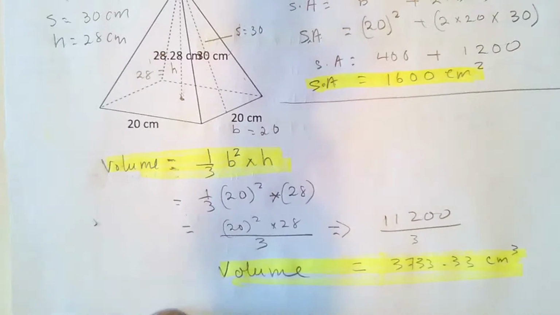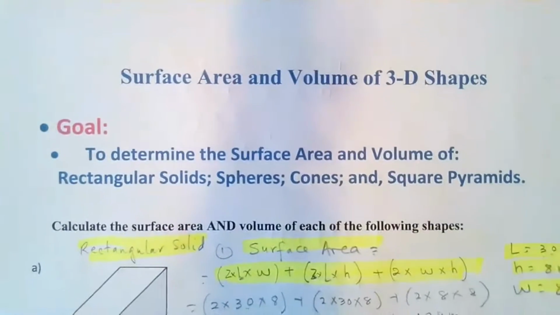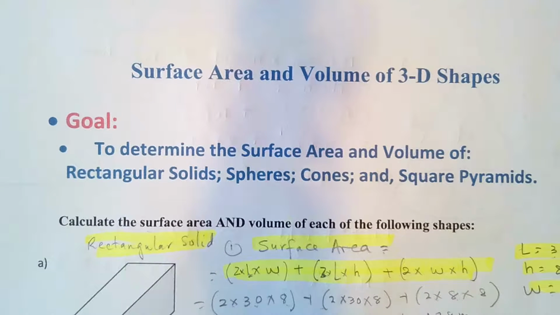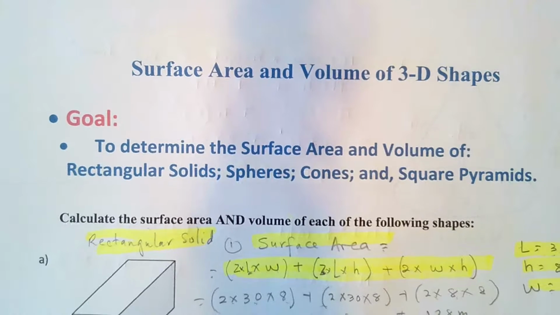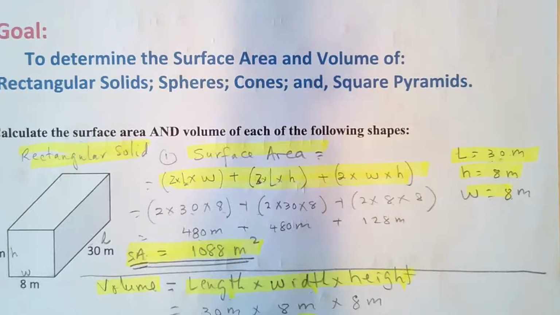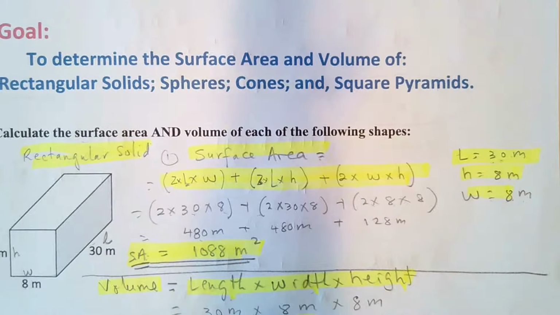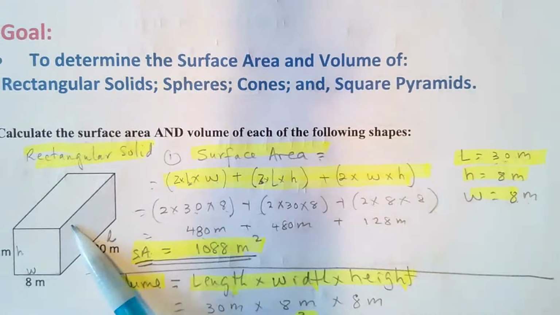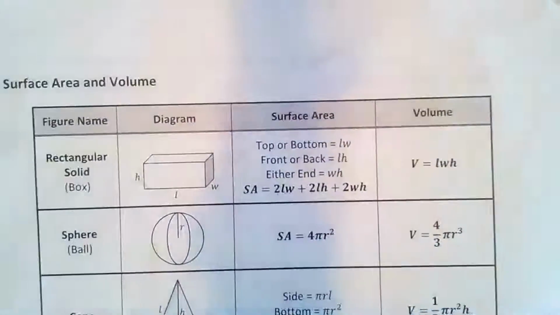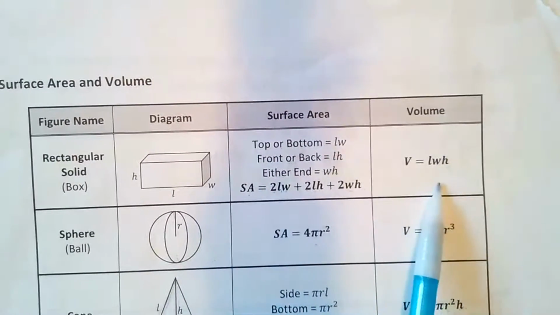So let's review. Today, our goal was to determine the surface area and volume of rectangular solids, spheres, cones, and square pyramids. First object we looked at, for example, is a rectangular solid. The first step, identify the name of the object. Next step, after that, we find the formula for the surface area and the volume.